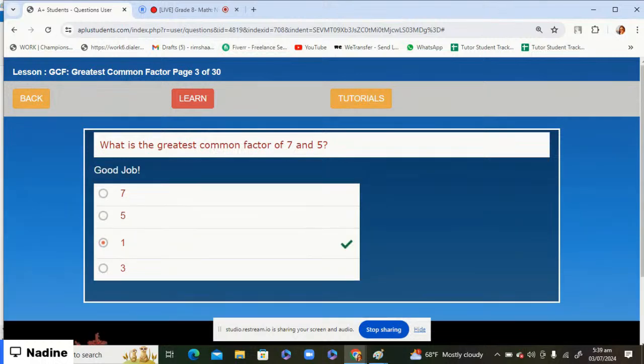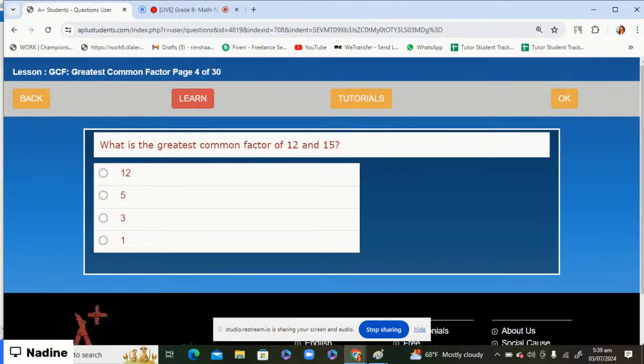If there is nothing common in both the numbers, like for example 100 and 19, or 19 and 23, there is nothing common in both of it, so we can say that their greatest common factor is always 1.